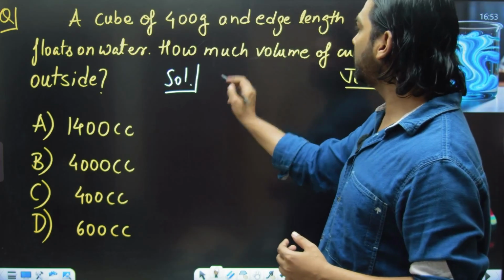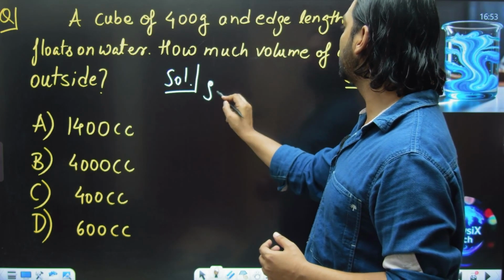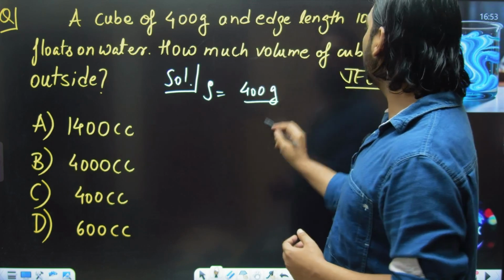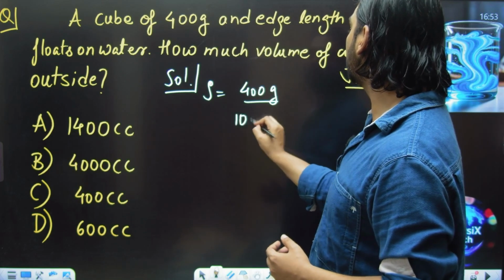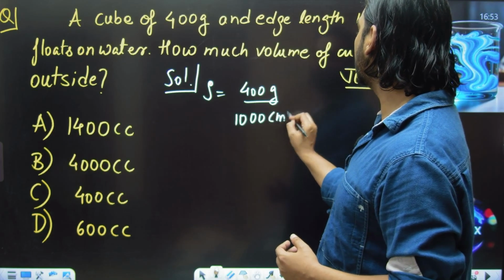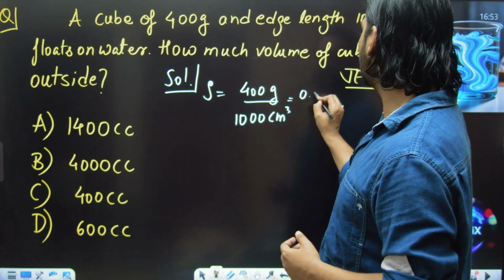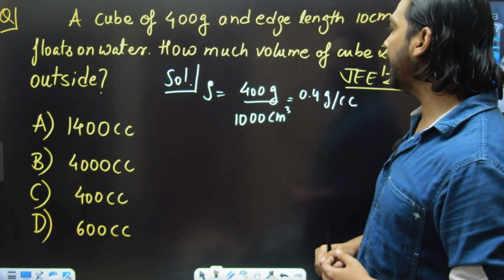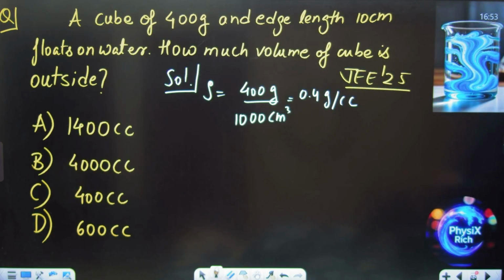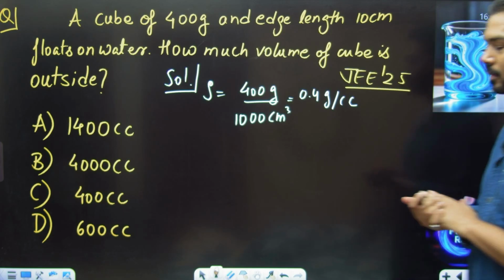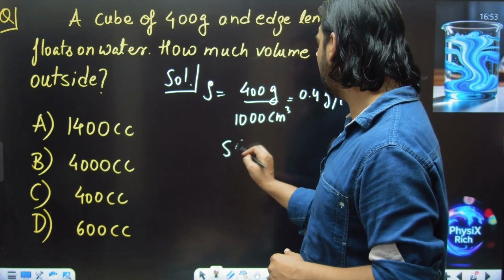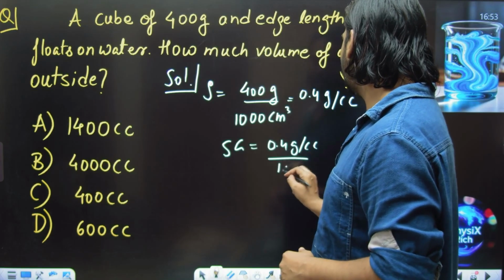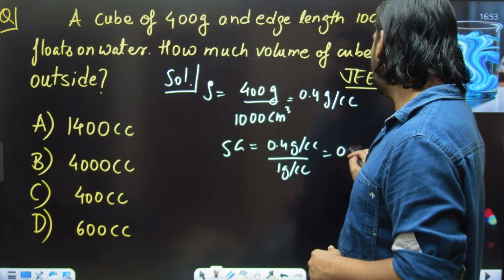So let's find out the density of this cube. The density of this cube comes out to be 400 grams upon 10 centimeter cube. Now 10 centimeter cube is 1000 centimeter cube. So this is equal to 0.4 gram per cc. So what is its SG? Its SG is going to be 0.4 gram per cc upon 1 gram per cc, which is just 0.4.